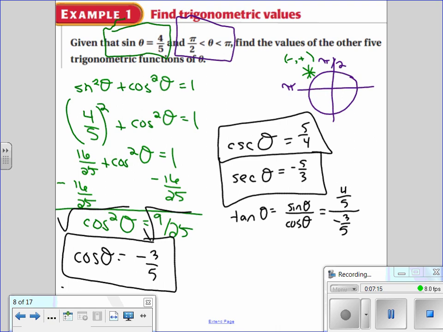I think it's kind of time for you to learn this trick though. If you have a 5 here and you have a 5 here, they're just allowed to cancel out. So that's what will happen when you multiply by the reciprocal. So it's negative 4/3. So tangent of theta is negative 4/3, which makes cotangent the reciprocal of that, negative 3/4.